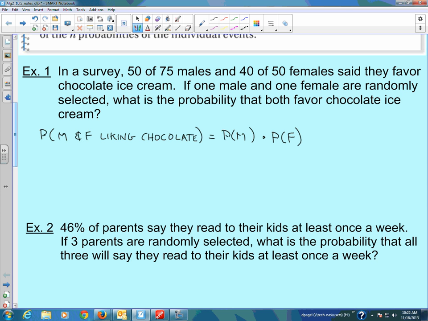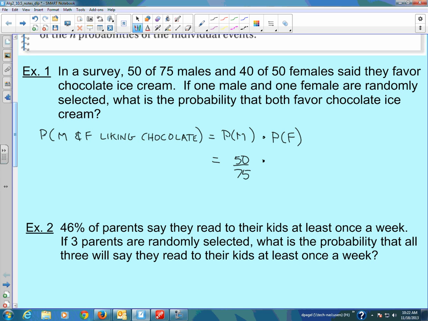So what would our probability of males be? Well, we've got a total here, 125 total persons interviewed, but we just want males liking chocolate. We know that there is a 50 over 75 chance of that happening.